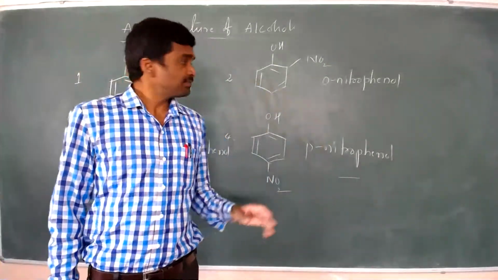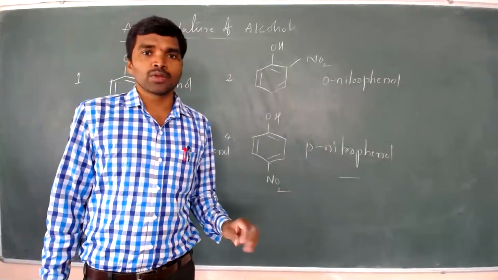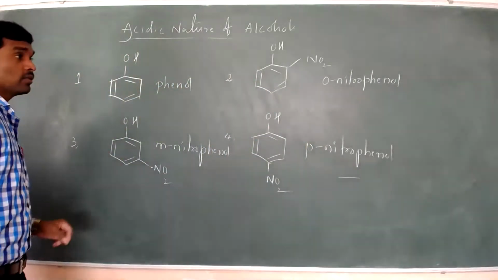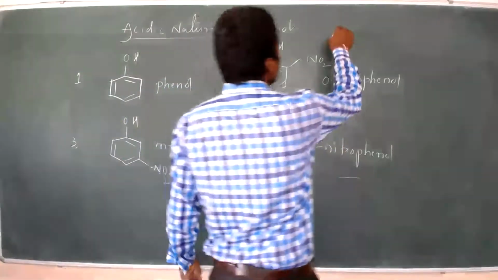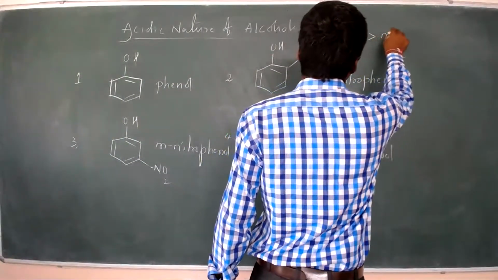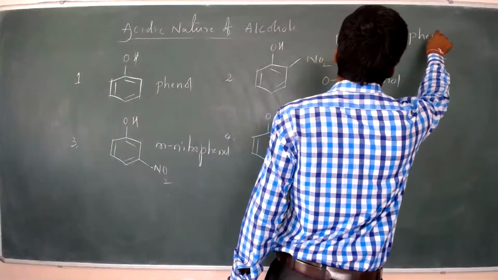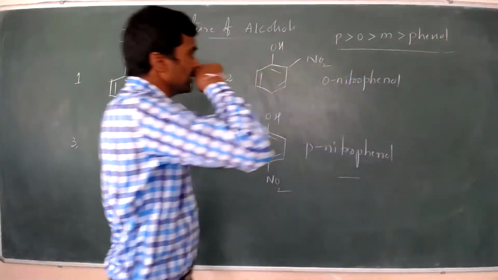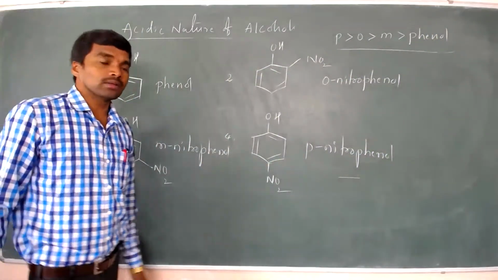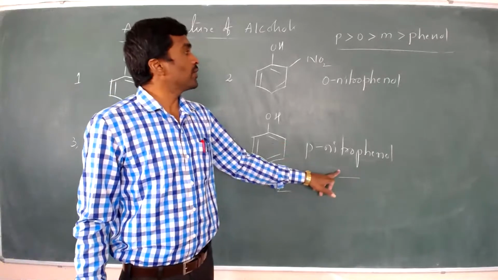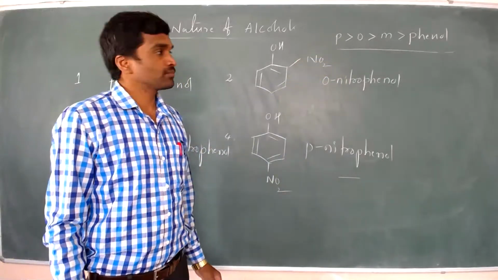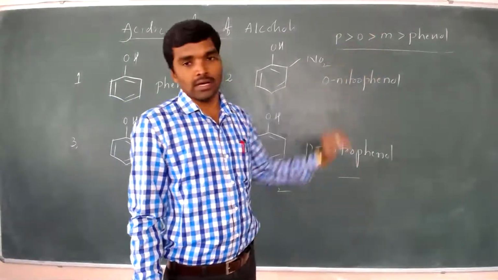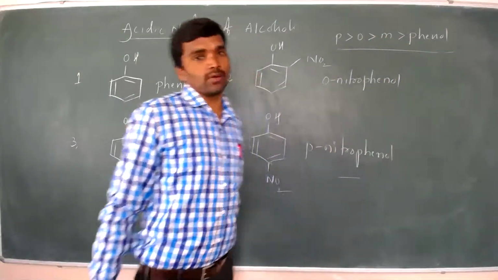To remember, there is one technique. First, paranitrophenol is the most acidic. Thereafter orthonitrophenol, then meta, then phenol.